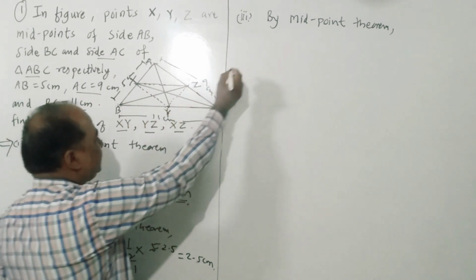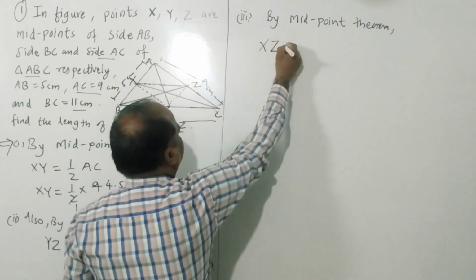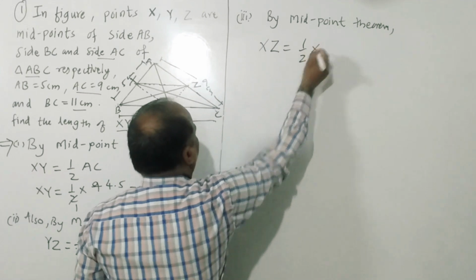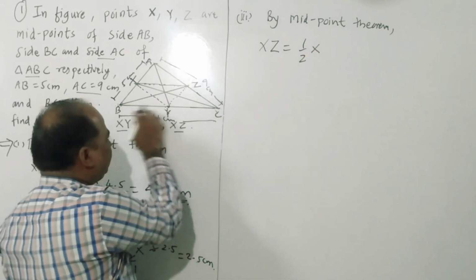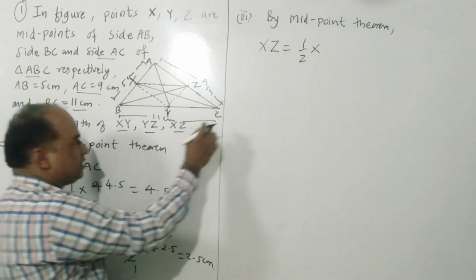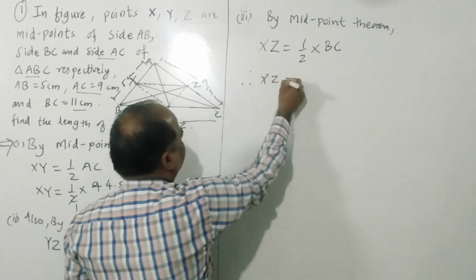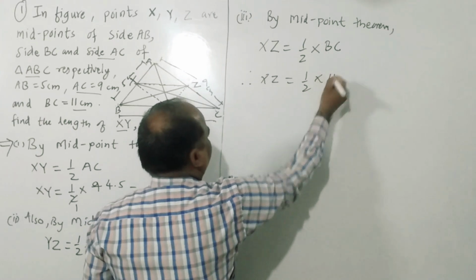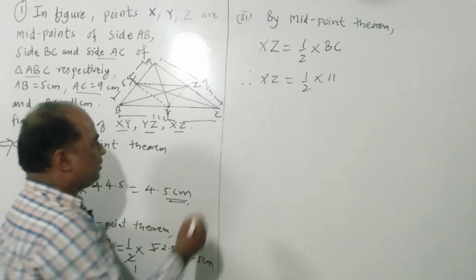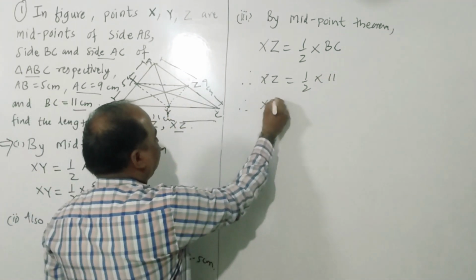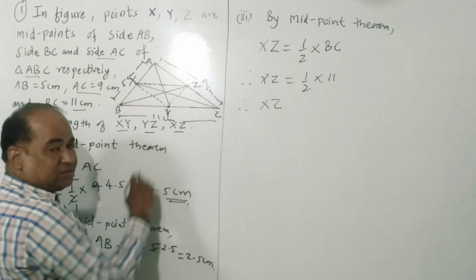So here XZ is equal to 1 upon 2 into the length of the side parallel to XZ, which is BC. Therefore XZ is equal to 1 upon 2 into BC, and BC is given as 11 centimeter.